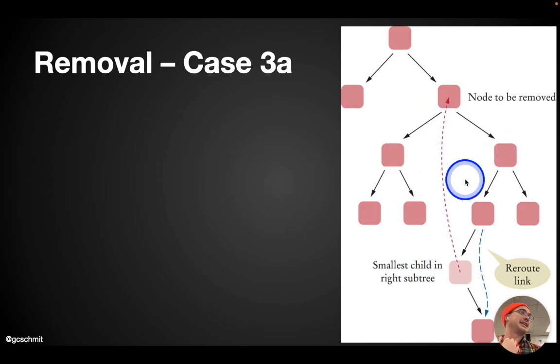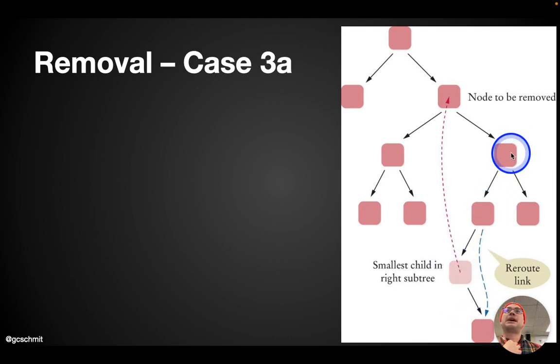There's actually two cases here. It looks like I forgot to make the slide for both of them, so I'll talk through them. One case is that the parent of this node is somewhere in this right subtree, and therefore for the parent, we're going to change left to refer to this node's right.